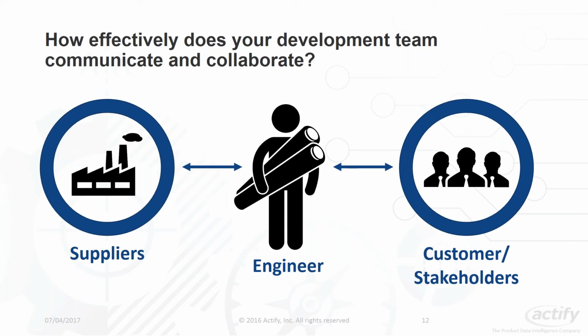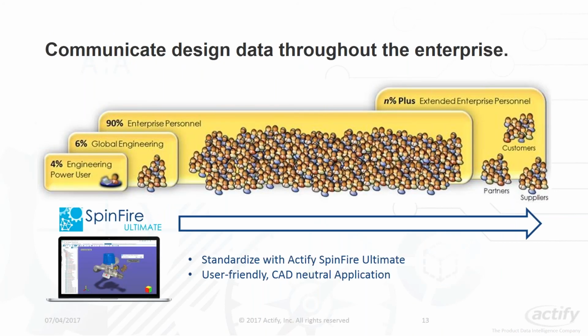Actify can unlock engineering information and make it available and accessible to the wider enterprise. There are many job functions around the enterprise that require information that comes out of engineering documents and CAD files to support their work. So SpinFire Ultimate has been designed to provide the enterprise with a cost-effective tool to access CAD files and design information.